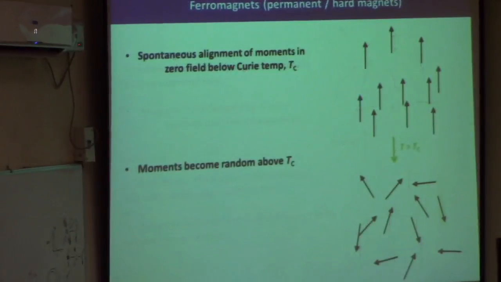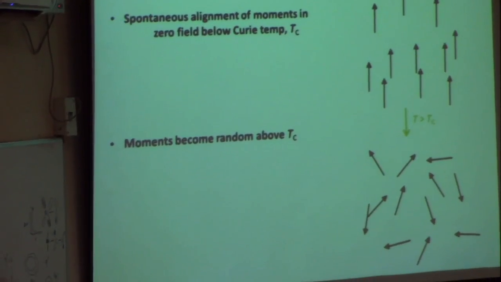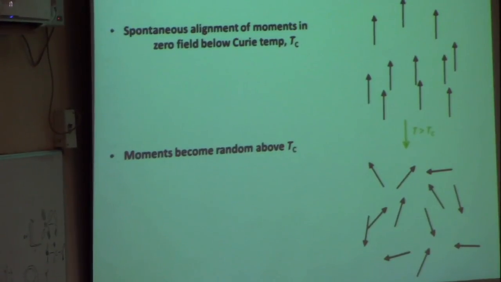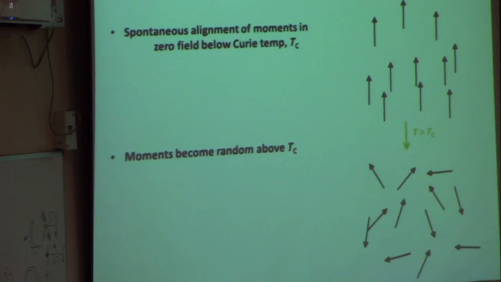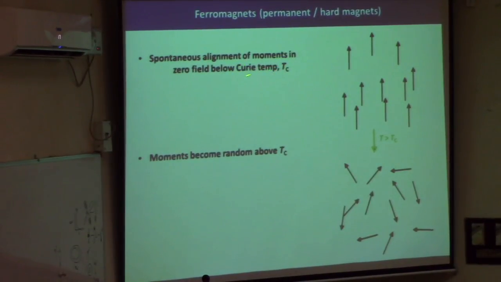That's a Curie paramagnet. How does that differ from an actual magnet? So ferromagnetic materials, iron oxide, neodymium magnets, samarium and cobalt magnets, are also referred to as permanent magnets or hard magnets, and their magnetic moments are spontaneously aligned below a certain temperature, which characterises the material, known as the Curie temperature.